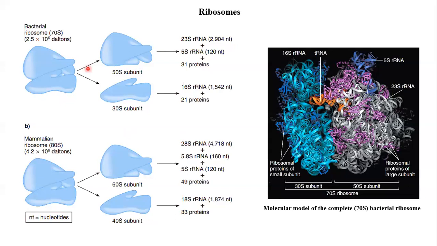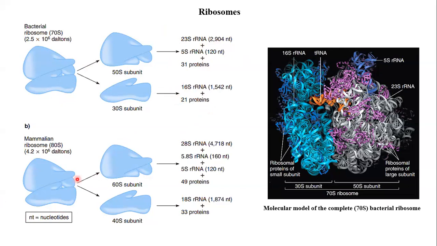The bacterial ribosome, 70S, is made up of 50S and 30S. 50S has this 23S rRNA, 5S rRNA, and 30S has 16S rRNA. Now here, we have to remember the ribosomal RNAs, because these ribosomal RNAs will take part in initiation as well as the elongation process.